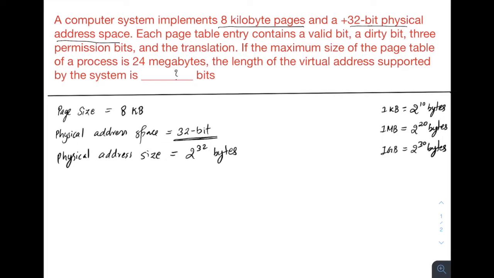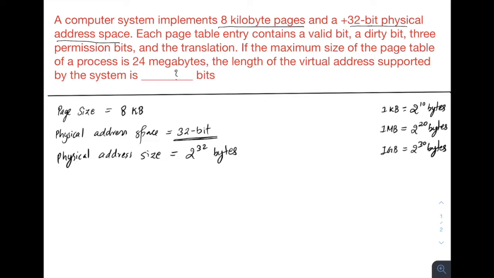In most questions it will be given as 32 bits, so do not think that this is the physical address space size, or if it is given as 32-bit virtual address space, do not think that the size of the virtual memory is 32-bit. You just have to think that the number of bits required to store all the physical or virtual addresses is 32. Now let's go ahead.